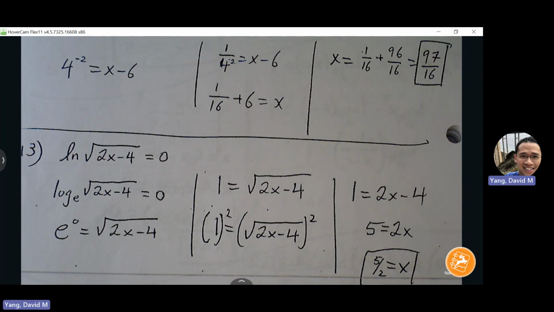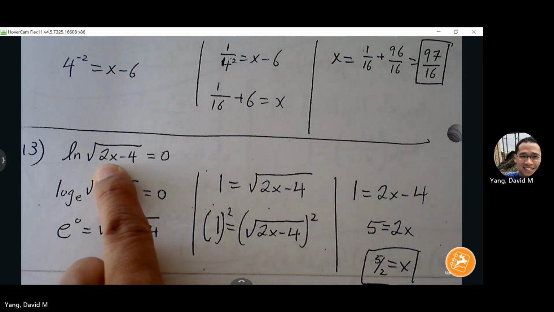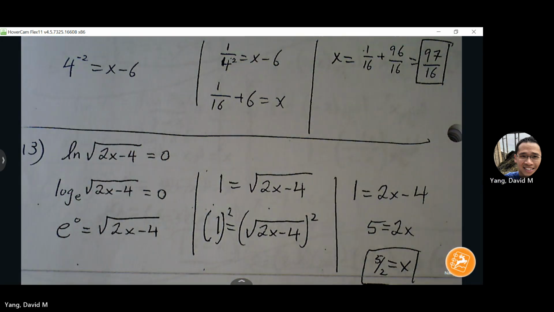For 13, I do need to double check. 5/2 is not going to cause any issue. 2.5 times 2 is 5. 5 minus 4 is 1. We're good there.